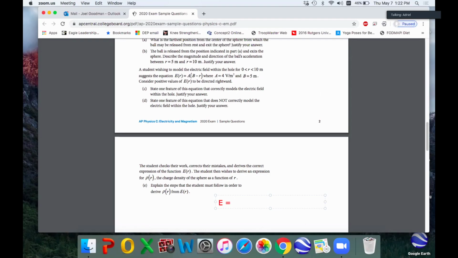Isn't it Q inside divided by epsilon naught times the area of the Gaussian surface? Might this help us? What is Q inside? We always would say it's the density times the volume.